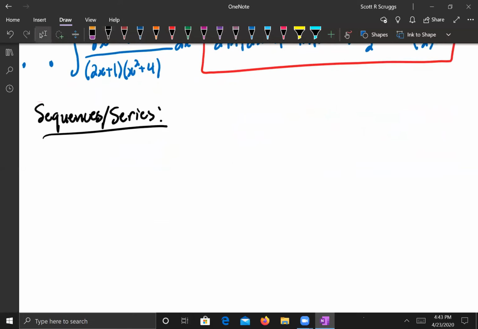And for a nice summary of when to use the specific test, I want to reference my session 10.8 lecture notes. That's a nice summary on when to use which test for a series.